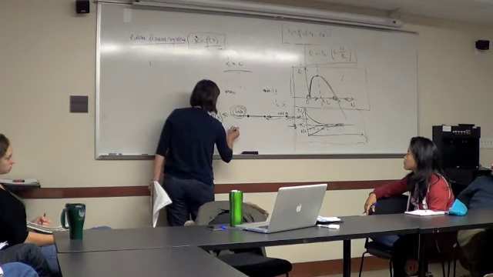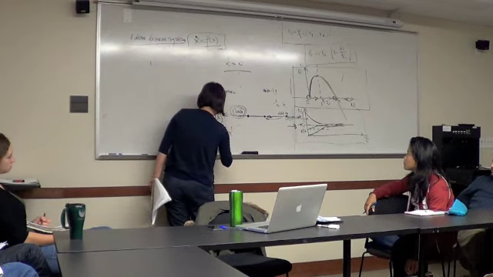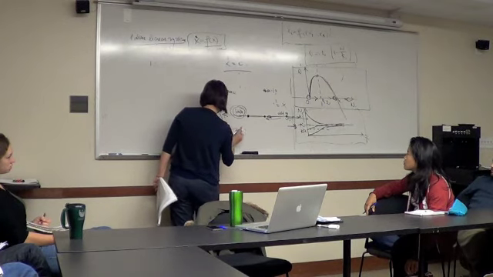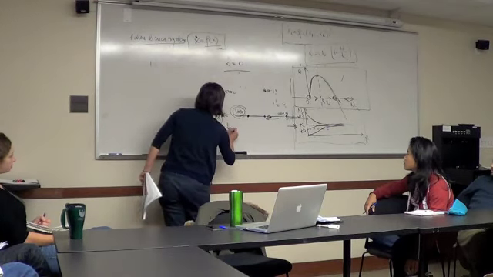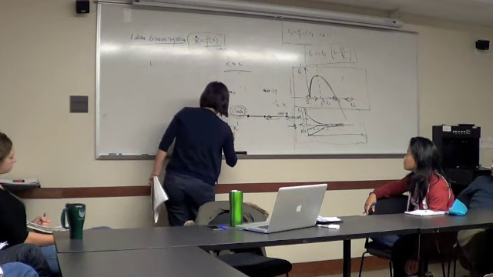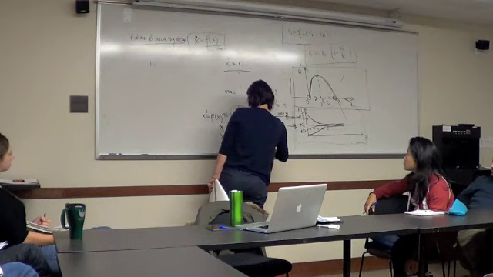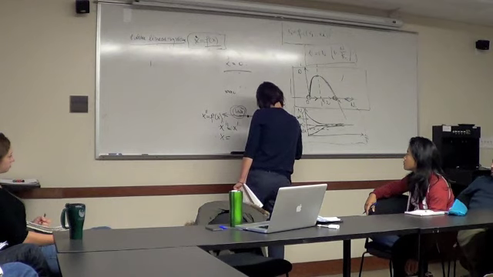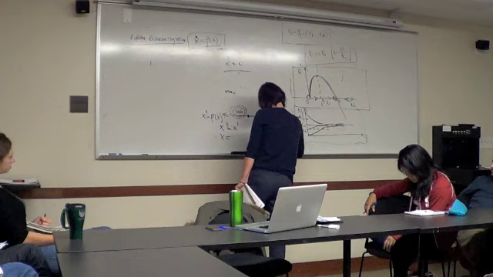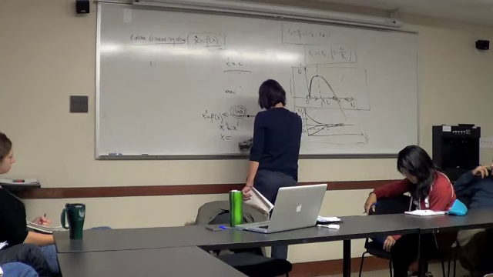We transform into a two-dimensional system by putting y equals x prime, and then y prime equals f of x.